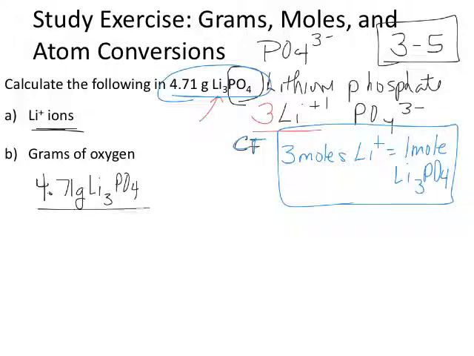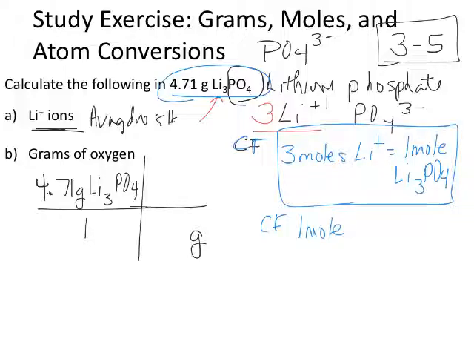You're going to put that over 1, and you're going to put gram on bottom. And it wants the number of lithium ions. So when it wants the number of something, we're going to have to use Avogadro's number. So we're trying to stack up our conversion factors here to solve the problem.